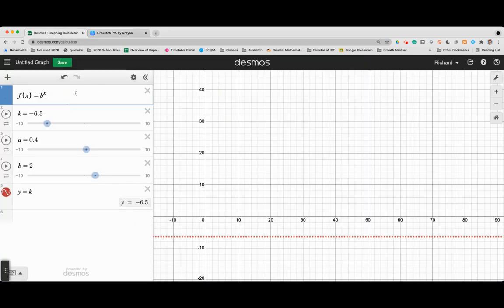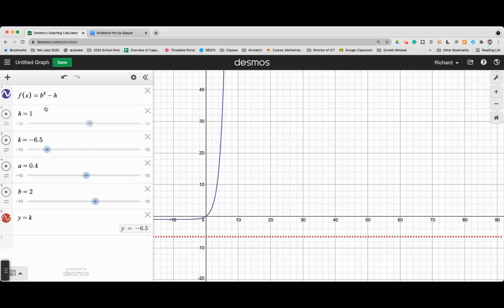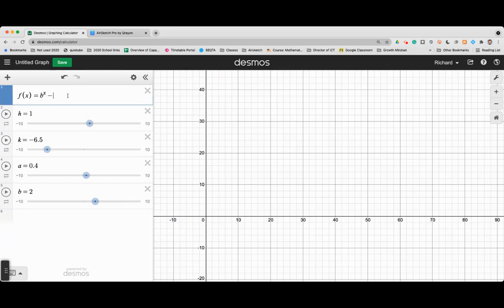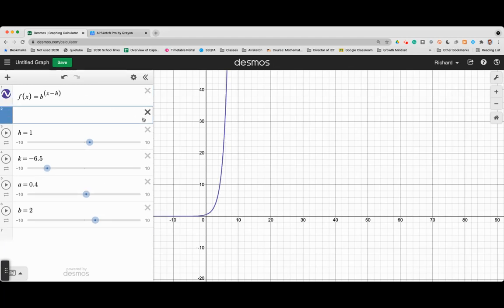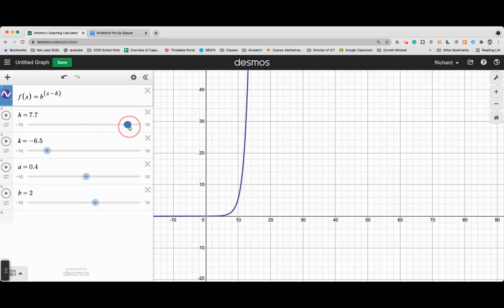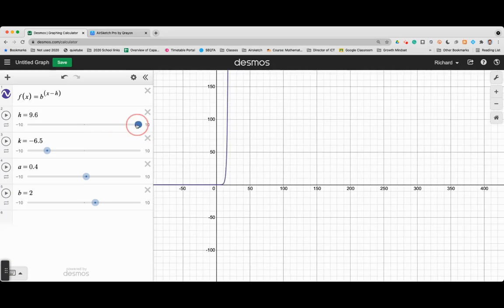I know that you've done it already, so just really briefly, put an X minus H with a slider, and we can see if we have it zoomed out. Oh, thank you. Not taking my own advice, am I? Okay, so as I slide H, it kind of looks like the dilation, so it's a bit tricky to see, but it is actually the same graph, just moving across.